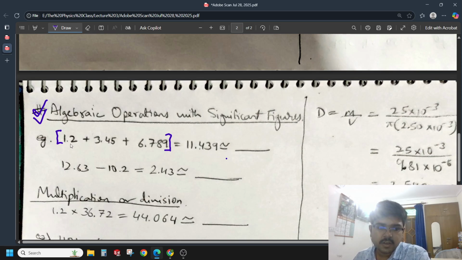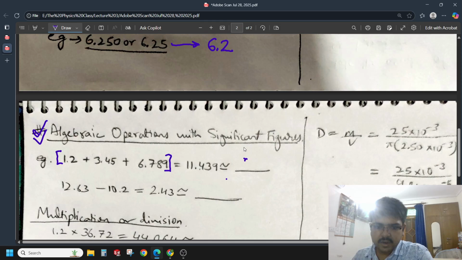So we have 1.2 as the least precise figure, so we have just 11.